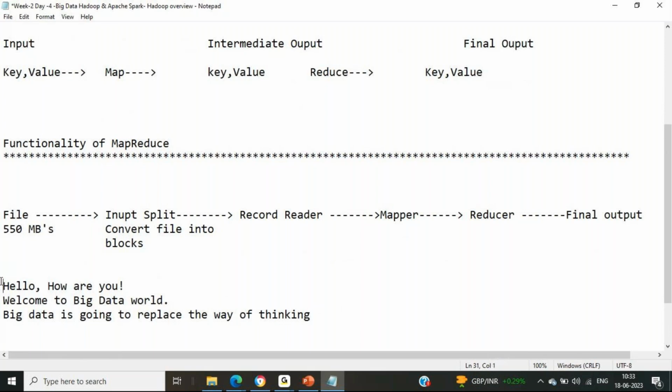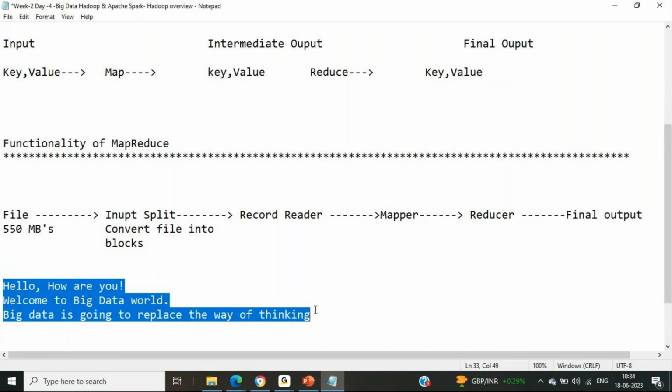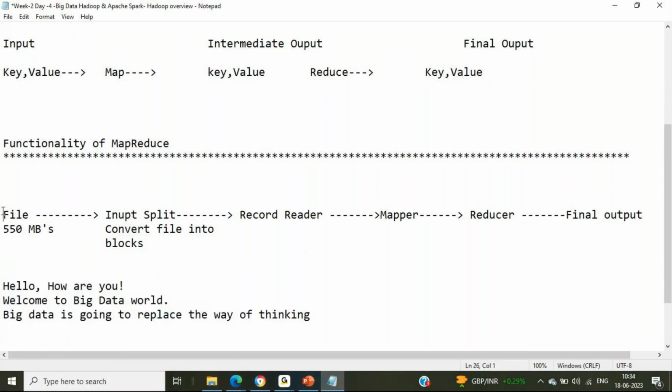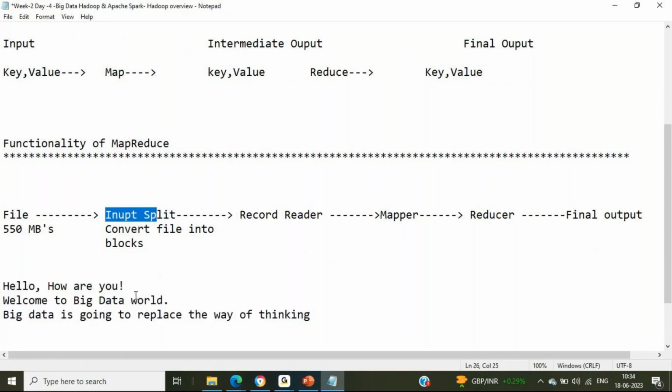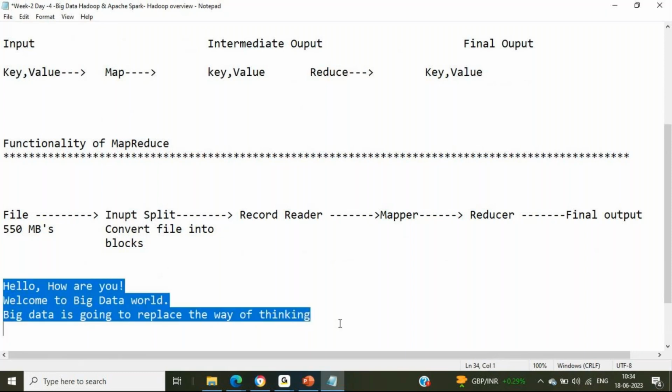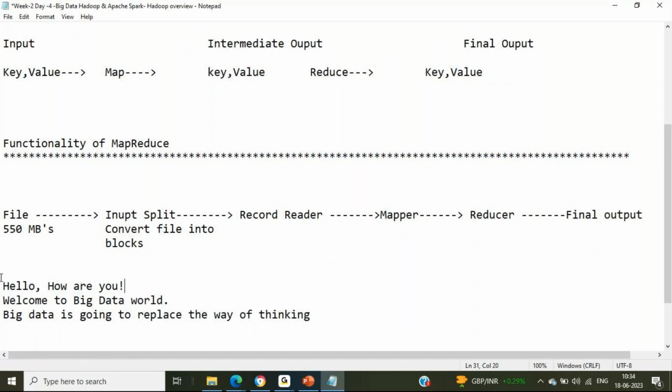So this is the data in this particular file of size 550 MB. Now it is given to input split, and it has split this content into three blocks.